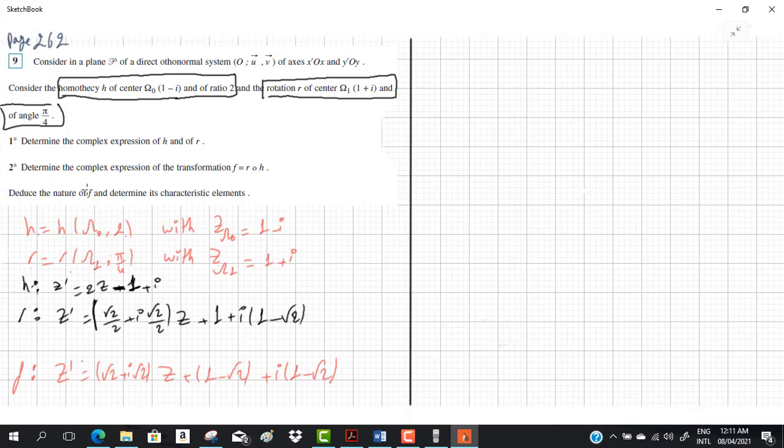هلا بقلنا okay determine the complex expression of F طلعنا. Deduce the nature of F. Z prime equal radical 2 plus I radical 2 Z plus 1 minus radical 2 plus I into 1 minus radical 2.